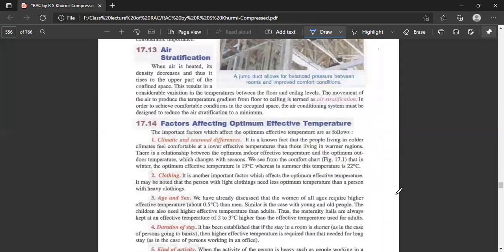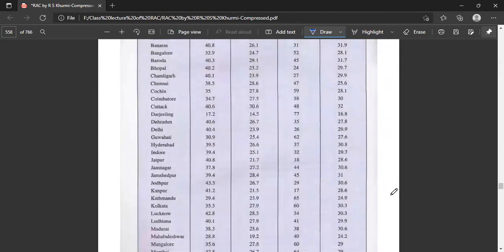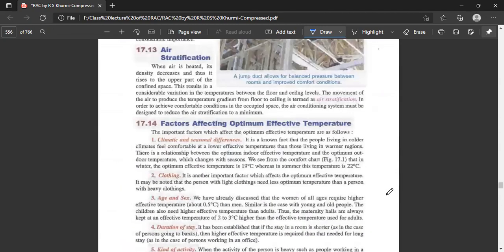Now, air stratification. When air is heated, its density decreases and thus it rises to the upper part of the conditioned space. This results in considerable variation in temperature between floor and ceiling levels.